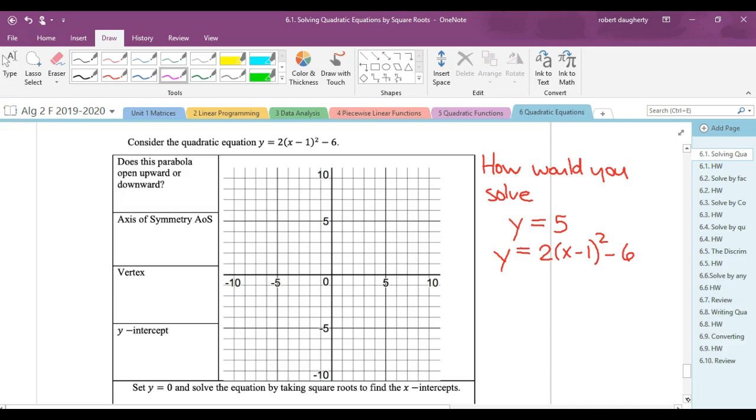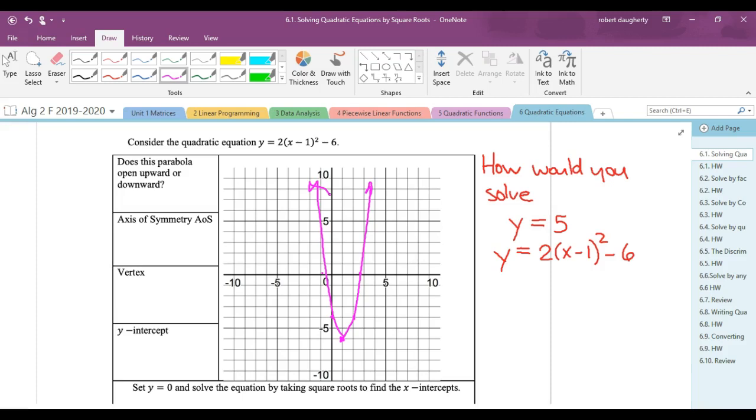Here's the same parabola that we had. Okay, remember it was at 1, negative 6, and we did something like this, and something like this. Okay, how would I find where the y value is equal to 5?